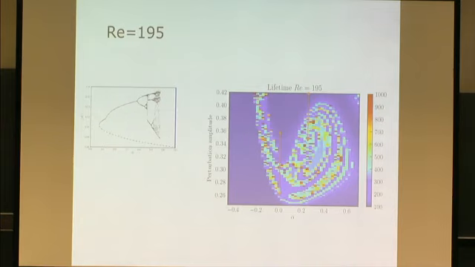But if you go a little bit higher in Reynolds number, all you're left with is sort of this lagoon of a few long living states, and then sort of lots of a background in between. So that's the way you start populating the state space with these additional states.